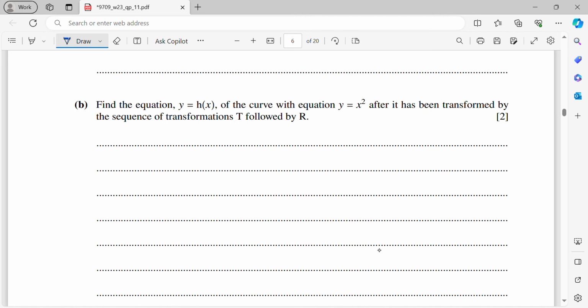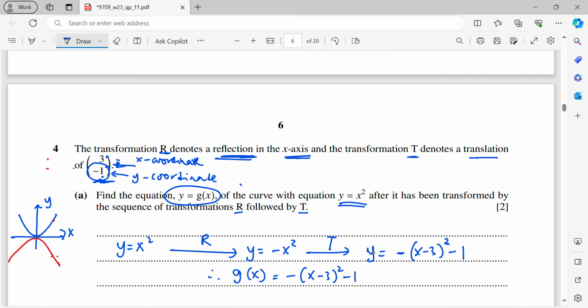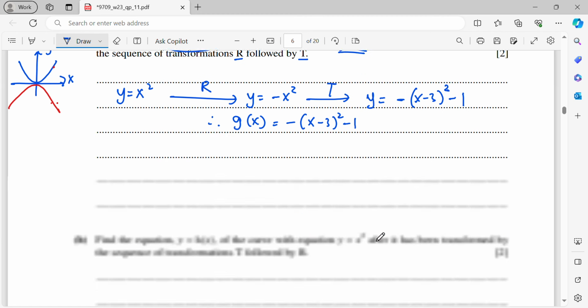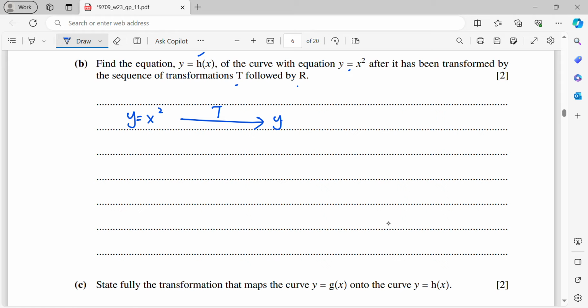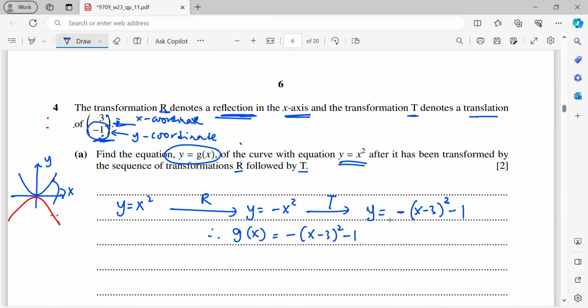Now B, find y equals h(x) for the same graph y equals x squared after the transformation T and then R. So T first, meaning translation first. The x will be changed to x minus 3, and then the graph will be moved down. So x becomes (x minus 3) squared, and then minus 1. Then followed by R. Remember, R is a reflection, which means you just need to multiply the graph by a negative.